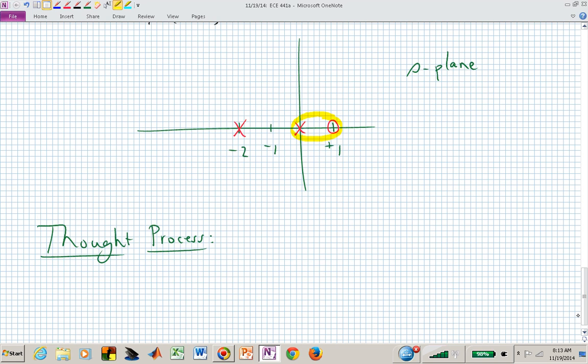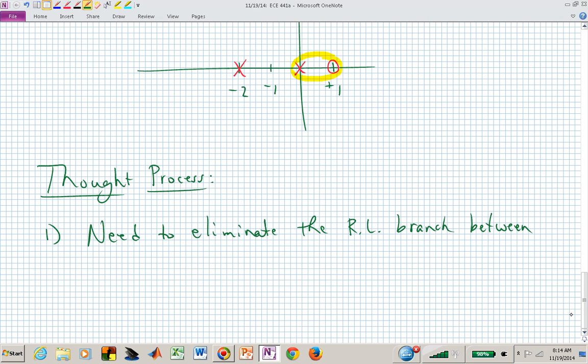So the thought process is to eliminate the root locus branch for just a pure gain controller that occurs between the origin, s equals 0, and s equals +1. And how are we going to do that?